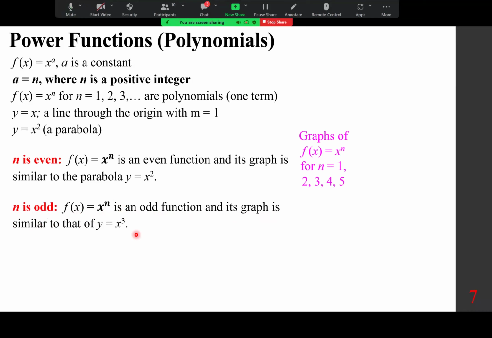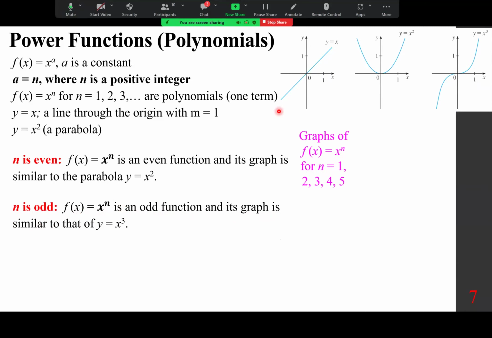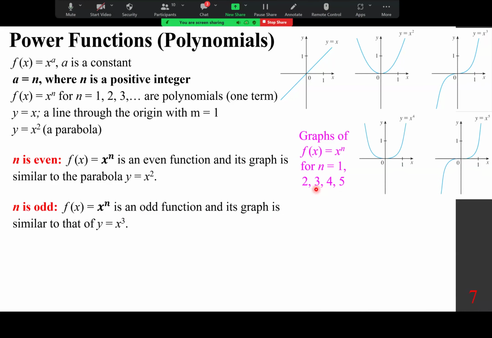So graph of f of x equals x to the power of n. In the case of n being 1, 2, 3, 4, 5, they look something like this. Y equals x, n equals 1, y equals x squared, n equals 2, y equals x cubed, n equals 3. Now notice, in the case of y equals x to the power of 4, it's similar to y equals x squared.